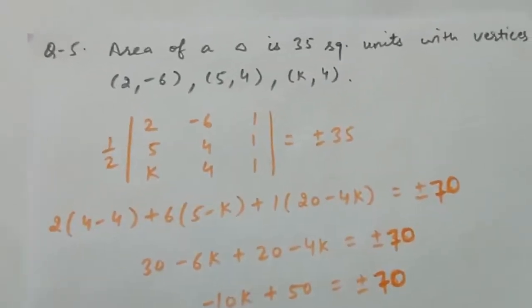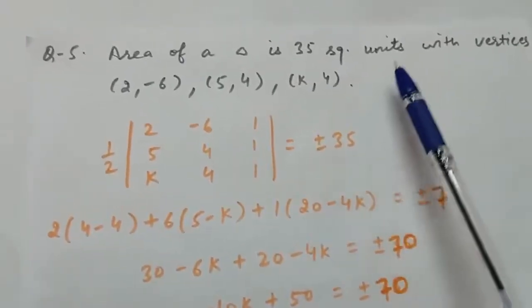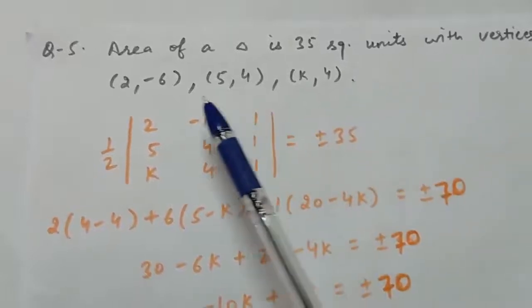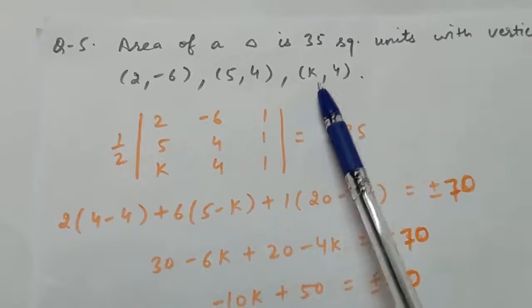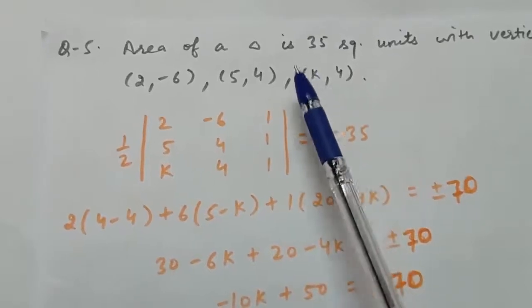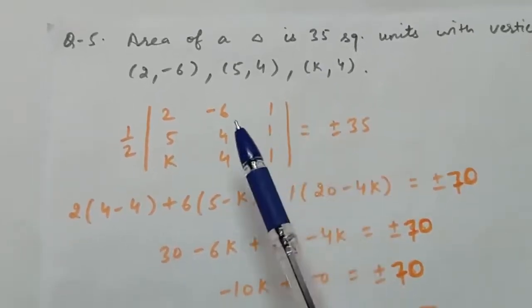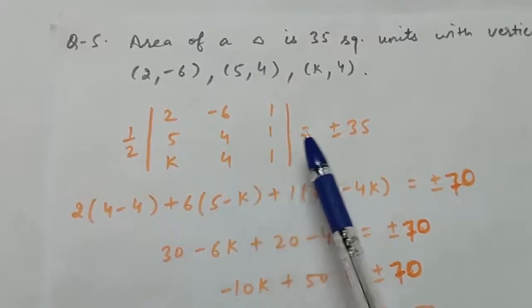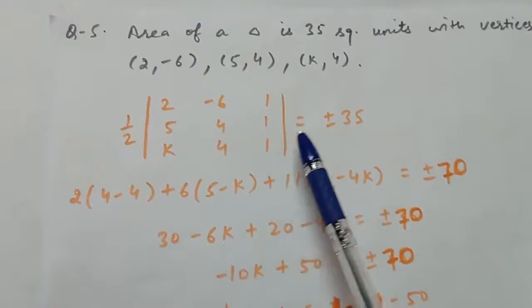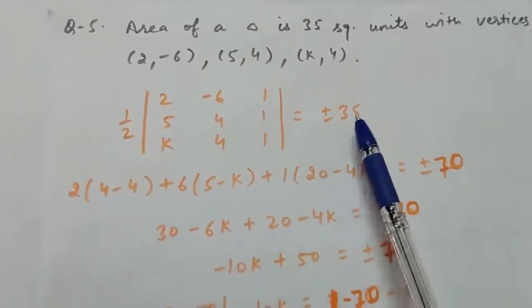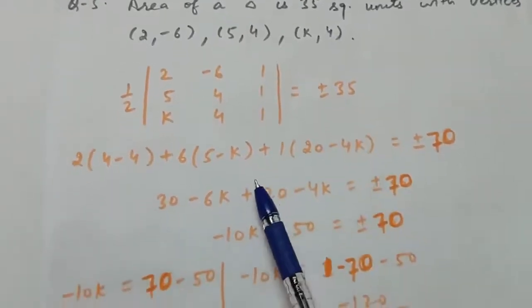In this question, area of the triangle is given as 35 square units with vertices 2, minus 6, 5, 4 and k, 4. We have to find the value of k. Now using determinant, the area of the triangle will be this, which is given as 35, but for calculation we take both the positive and negative values, right? Now solve this.